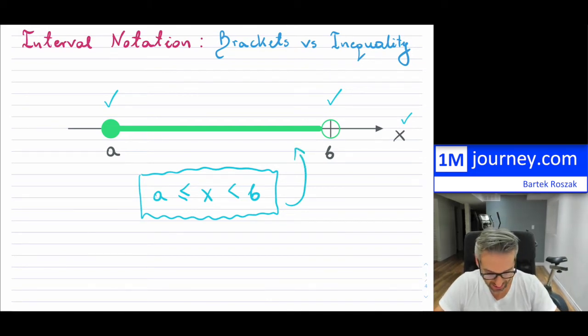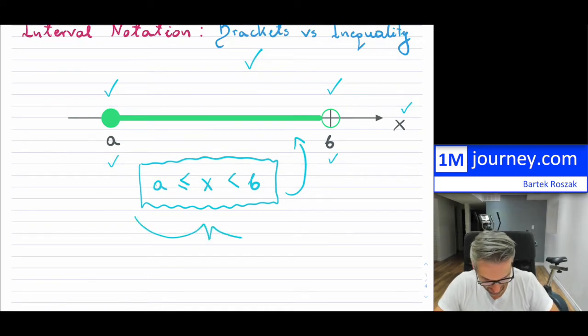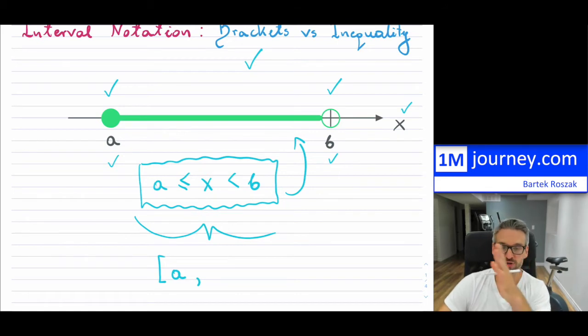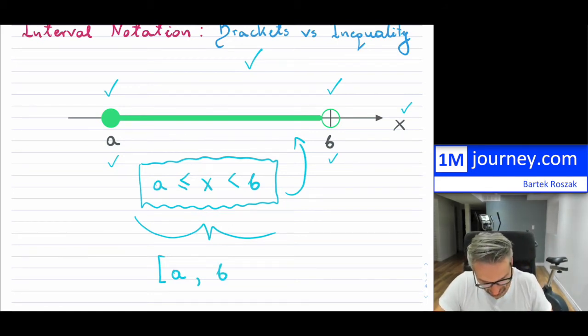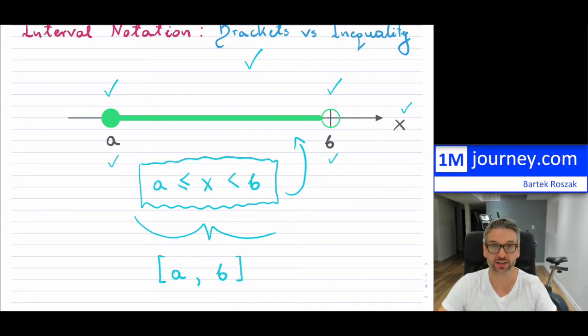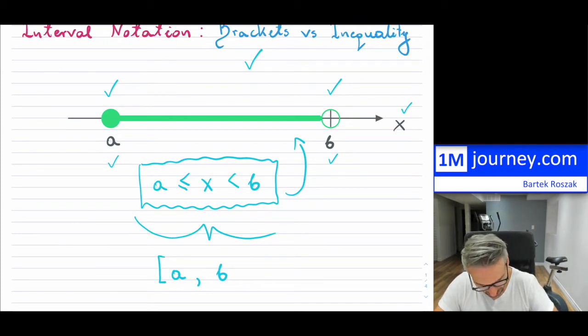Now, if we wanted to designate this in bracket notation, instead of using these inequalities, which is sometimes easier and not as cumbersome or long, we use brackets to designate when the A is included or not included, and the same thing happens with the B. So you can write this in brackets: it includes your A, so we use a square bracket to include the A. Then we put a comma, which means all the numbers starting from A going all the way up to B. But we can't put a square bracket here because it does not include the B. So instead we include a round bracket.